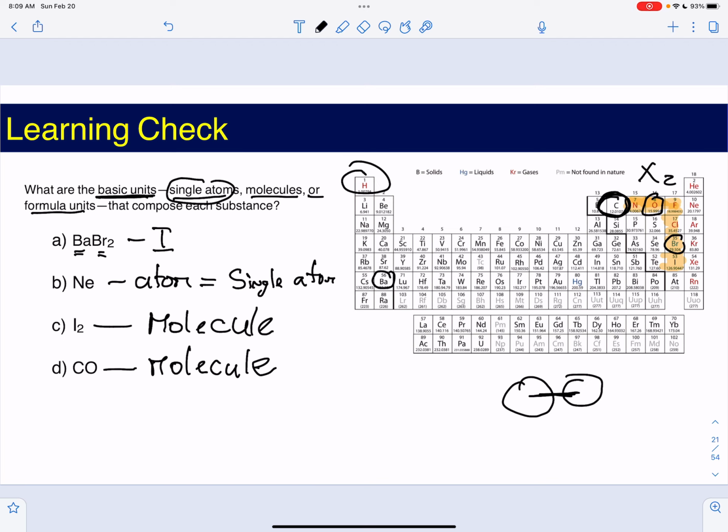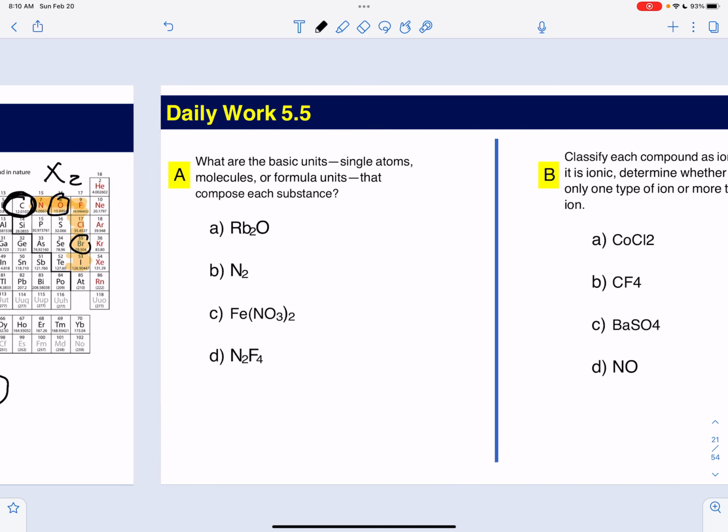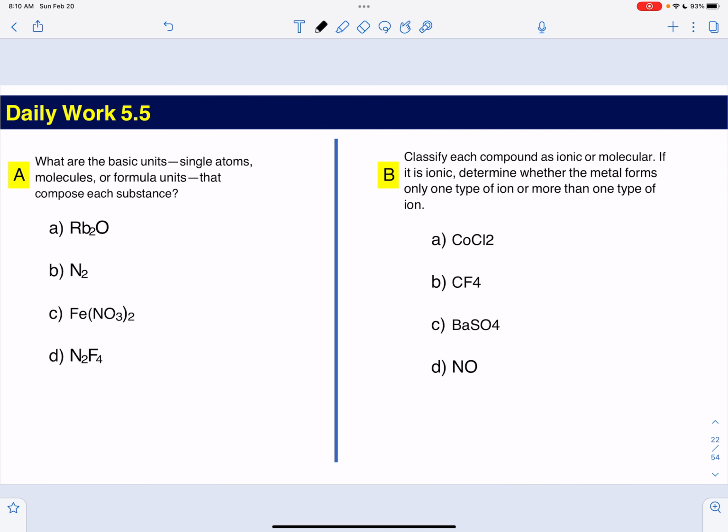So the main thing you have to learn from this learning check is that if you have a molecular compound, the basic unit is a molecule. If you have an ionic compound, the basic unit is a formula unit. That sounds simple, right? So you're ready for your daily work. Let's attack both concepts at the same time.